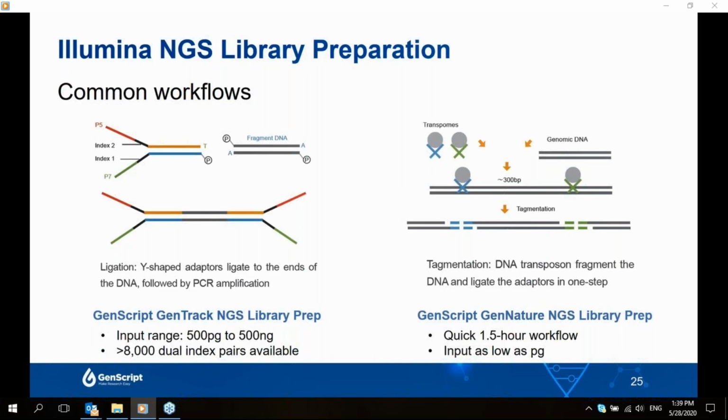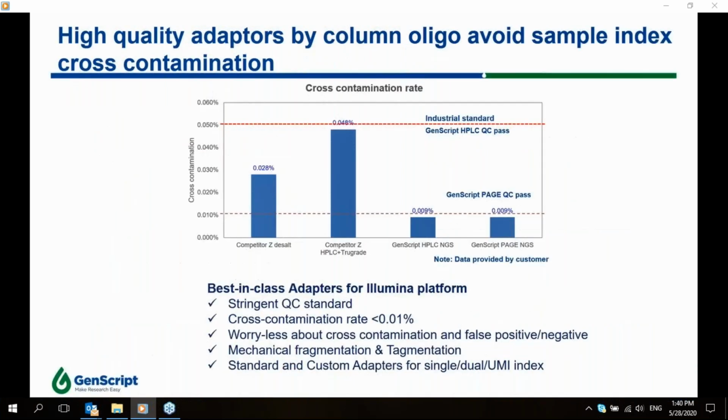It takes any DNA type as input and has a wide range of input amount. The GenNature kit is a segmentation-based solution, and libraries can be made with it in less than 2 hours. And true for both kits is the fact that we have made a great number of sample indices available to our customers to pick from.